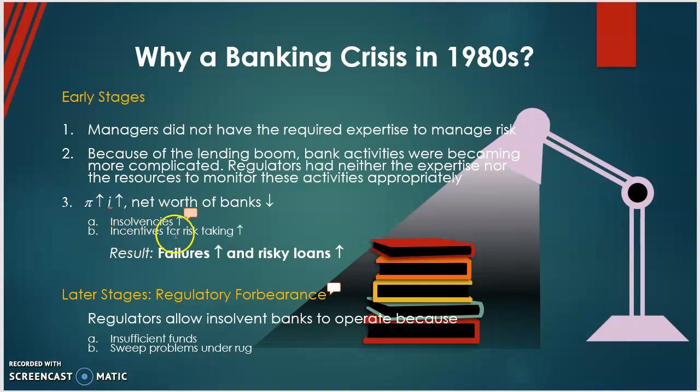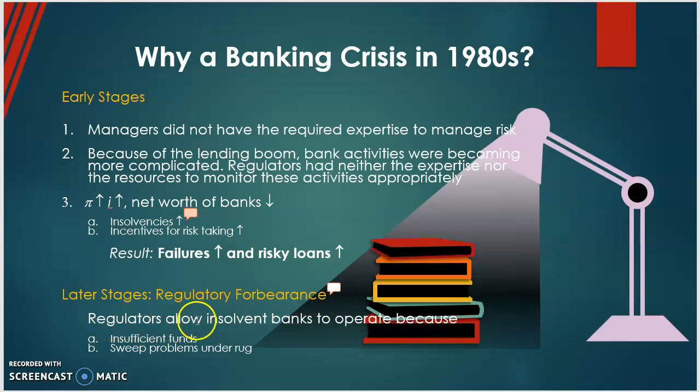Okay, the incentive for risk taking will be increased. Okay, so the result will be higher failure and more risky loans. These are all because of the asymmetric information occurring in the banking sector during the 1980s. Later stages, regulatory forbearance.